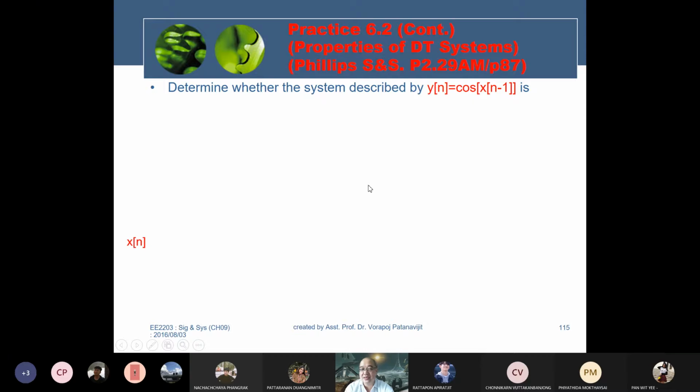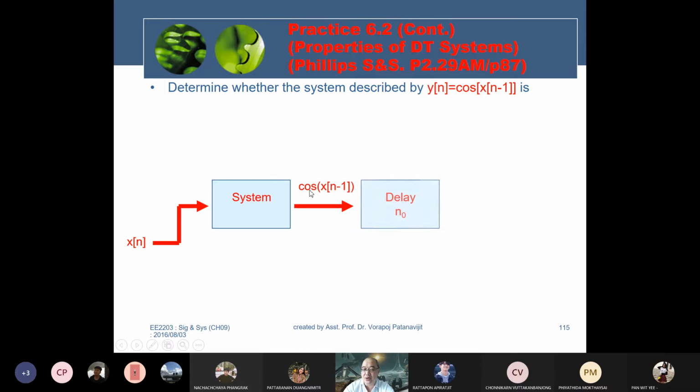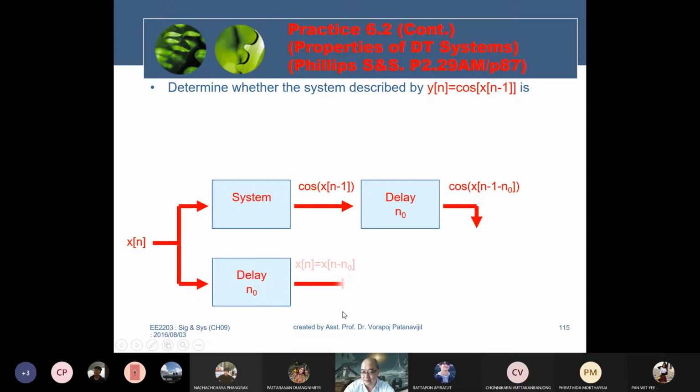The next one is checking whether the system is time invariant or time varying. You process them first, so the output equals cos(x[n-1]), and shift them later, shifting every n by n0. Or you shift them first and process them later.